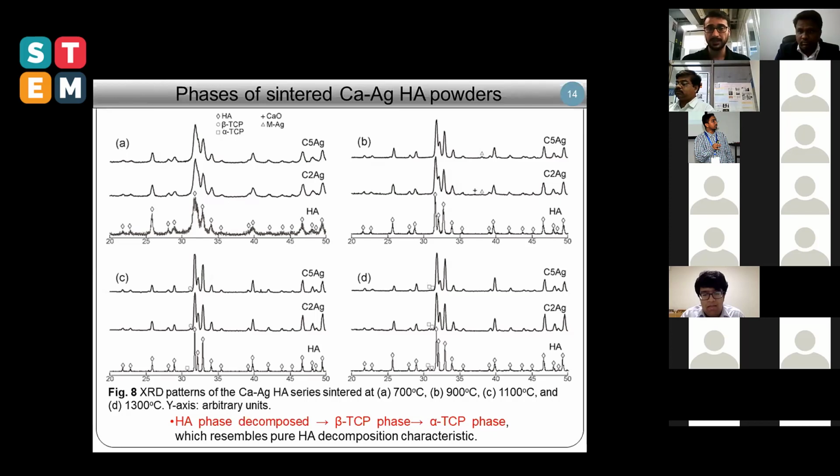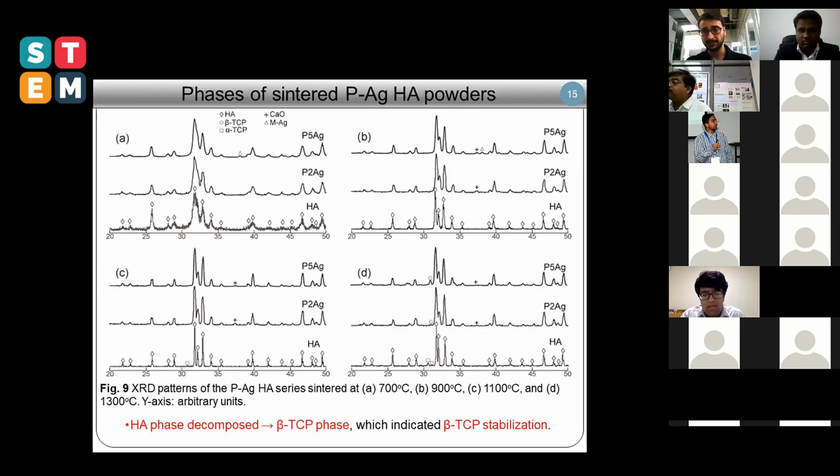In this case, hydroxyapatite decomposed to the beta TCP phase first, and then the alpha TCP phase in the following heat treatment and increasing silver concentration, which shows similarity with pure hydroxyapatite from the XRD investigation. And this result is about the calcium deficiency side. So the silver precursor replaced the calcium precursor in the solution, in the precipitation method.